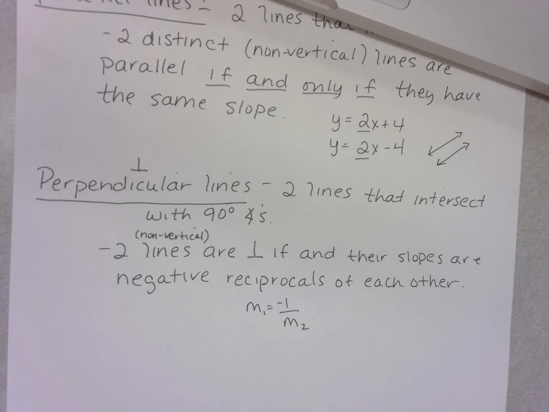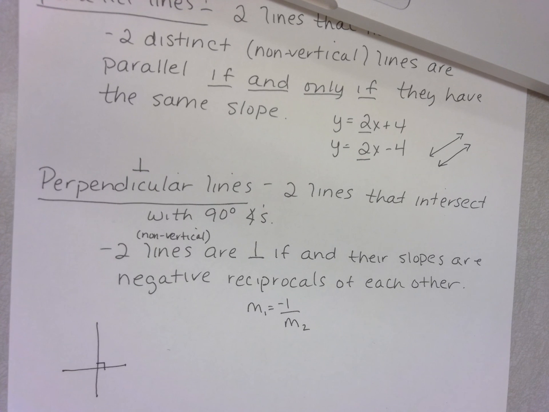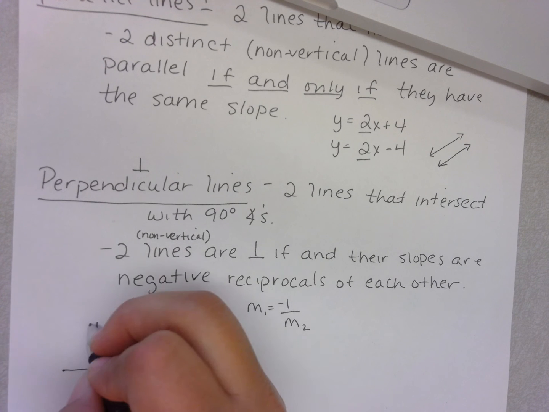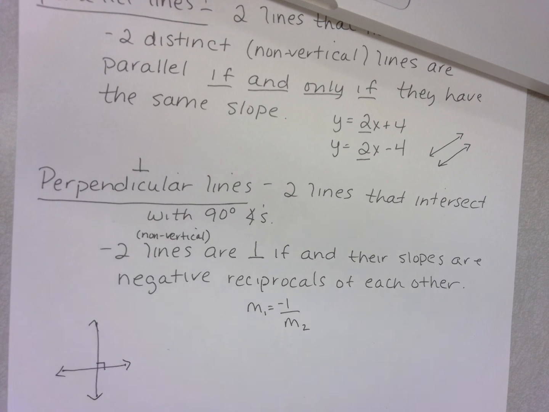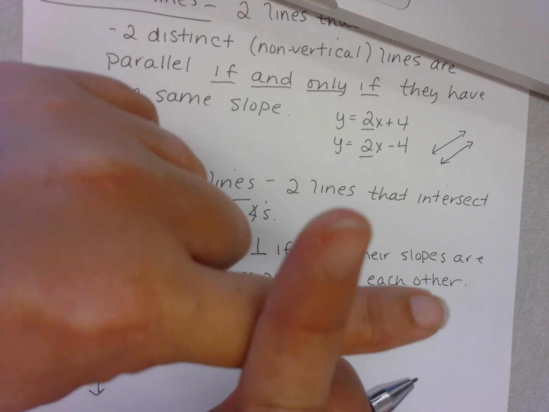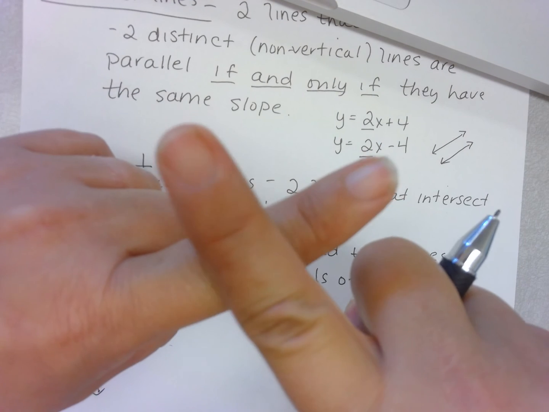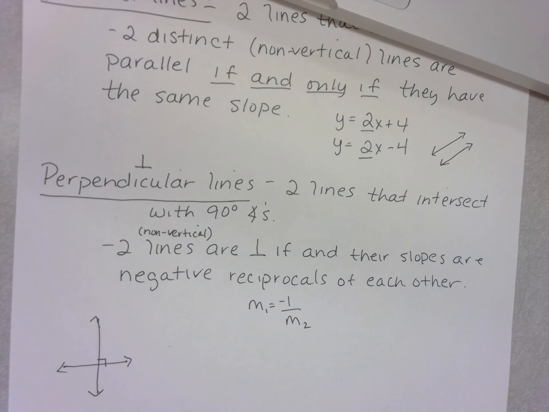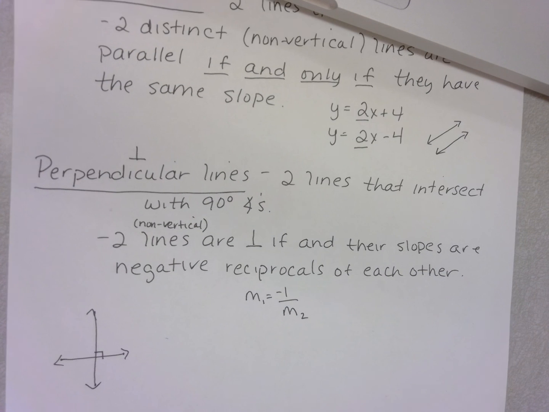We usually indicate that with this little box here, like the x and y axis are perpendicular to each other. They don't have to be like this; they could be like this in the plane too. They don't have to be perfectly up and down. It's just that the angle between them is 90 degrees.